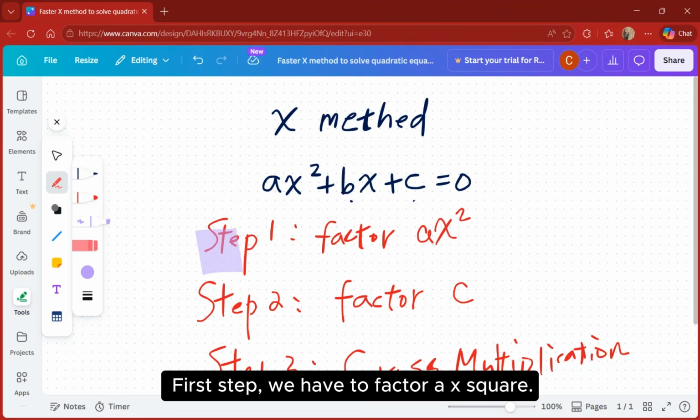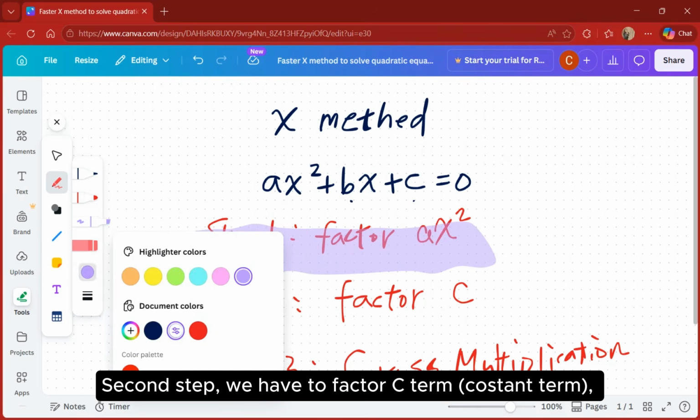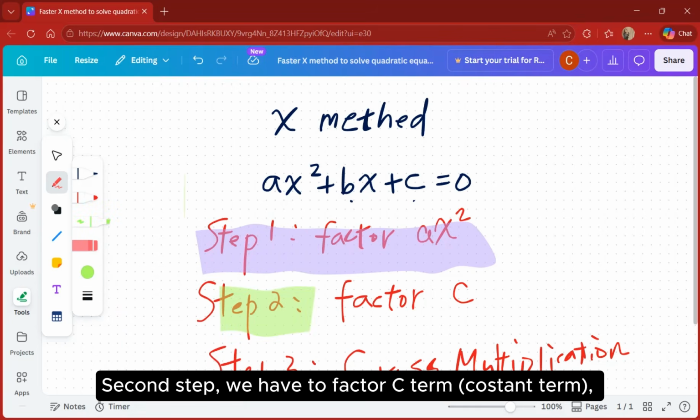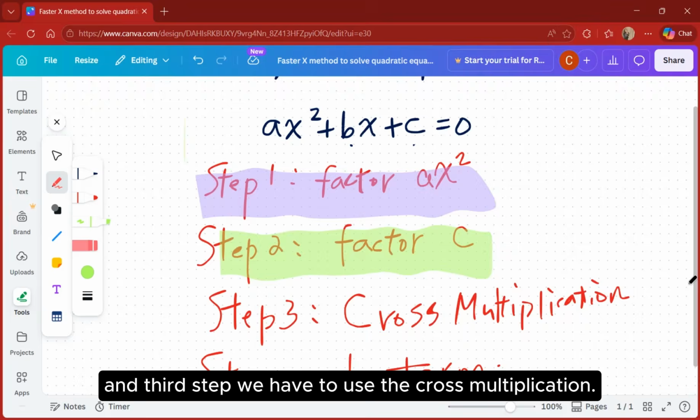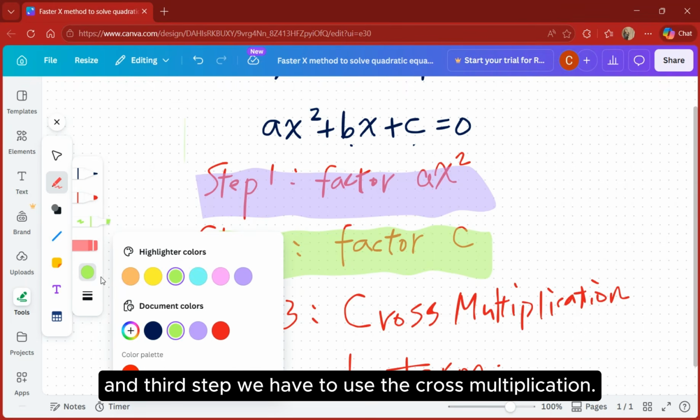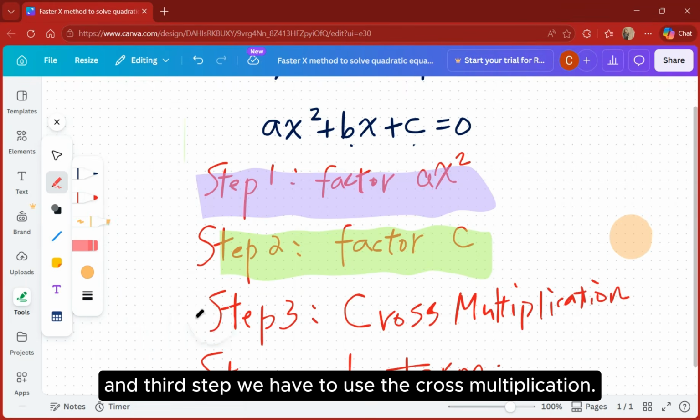First step, we have to factor the ax squared term. Second step, we have to factor the c term. Third step, we use cross multiplication.